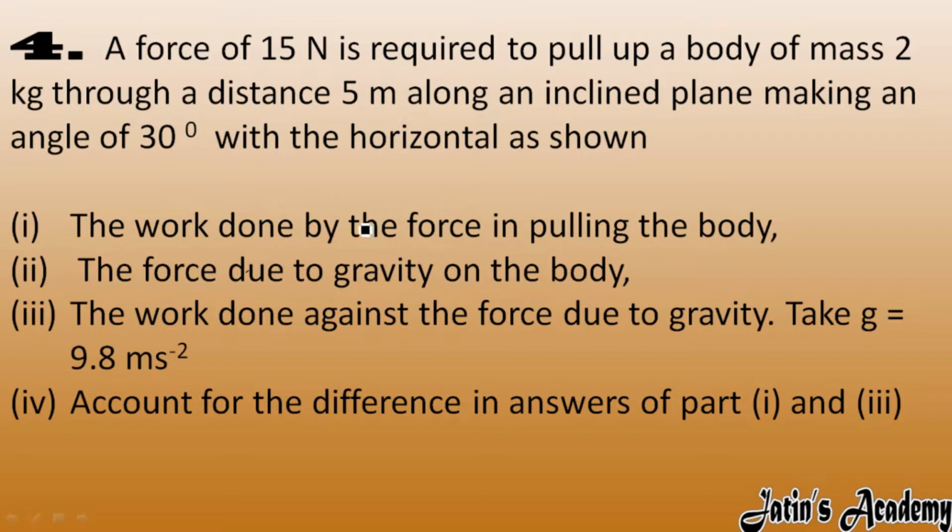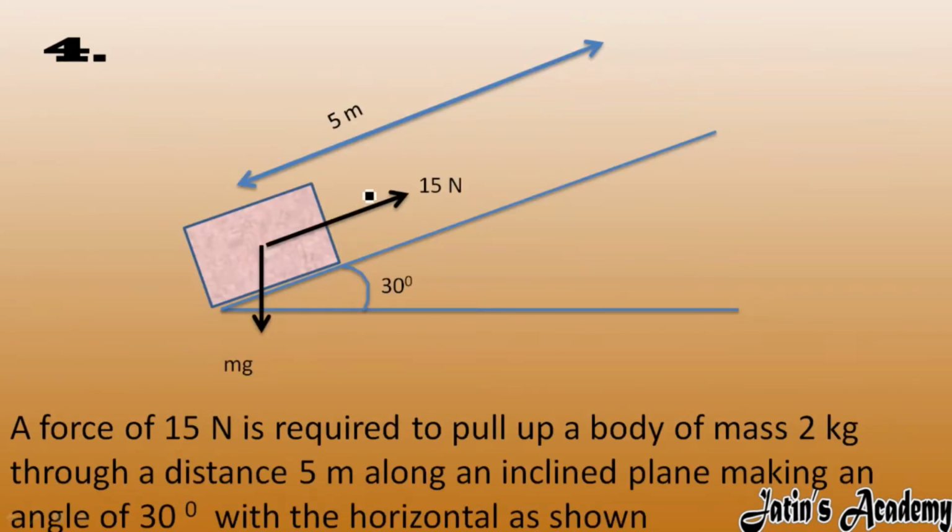See, in this question a 15 Newton force is required to pull up a body of mass 2 kg. So this body mass is 2 kg, through a distance of 5 meter. This distance of 5 meter is along this inclined plane, which makes an angle of 30 degree with the horizontal, as shown in the figure.